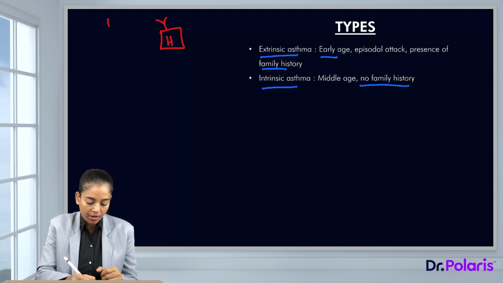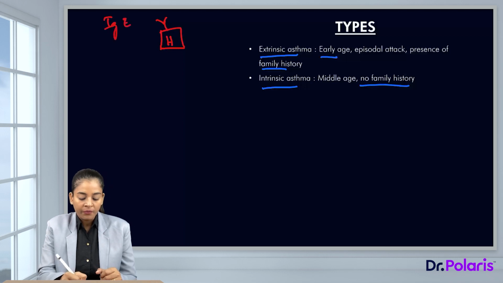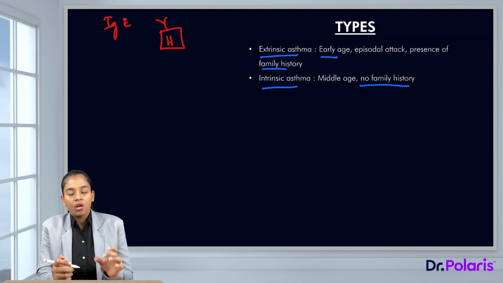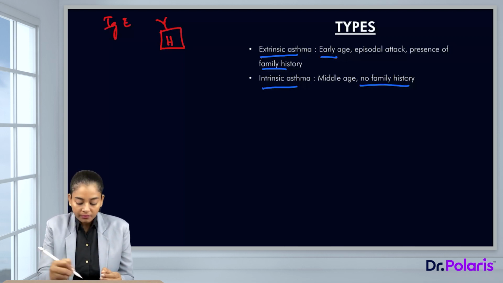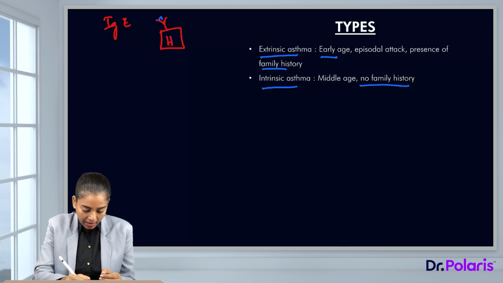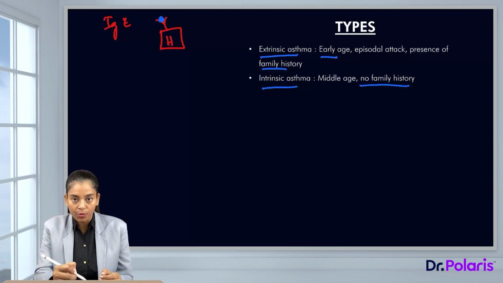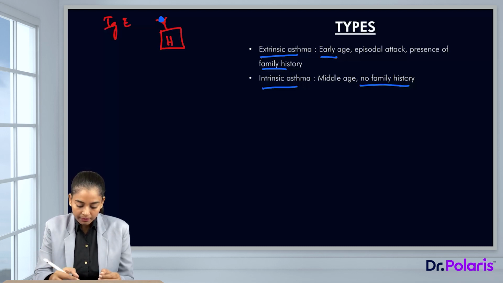When the patient gets the stimulus of the allergen for the second time, the allergen attaches itself to the antibody already present on the mast cell, and this mast cell opens up and releases the histamine.